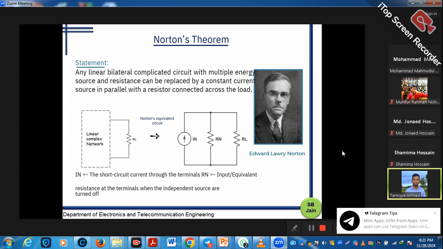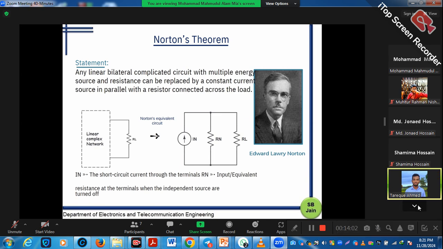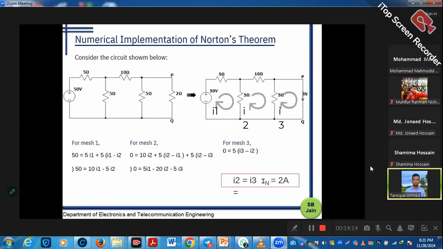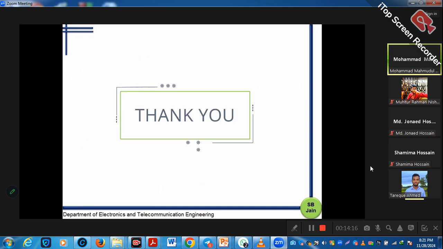Here the linear complex network, Norton equivalent circuit, current source IN and source parallel resistance RN and load resistance RL, shown in the slide.